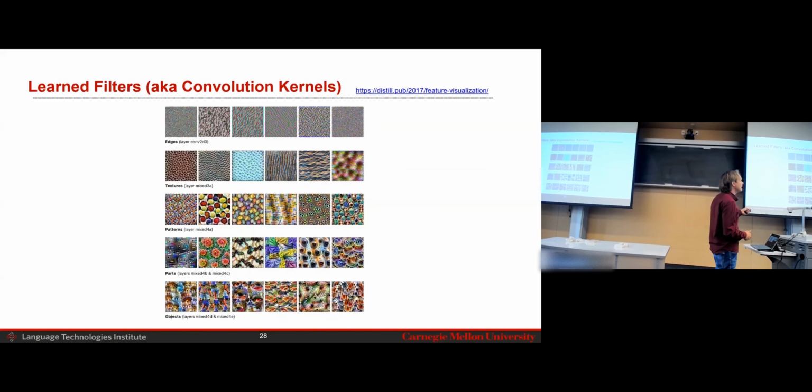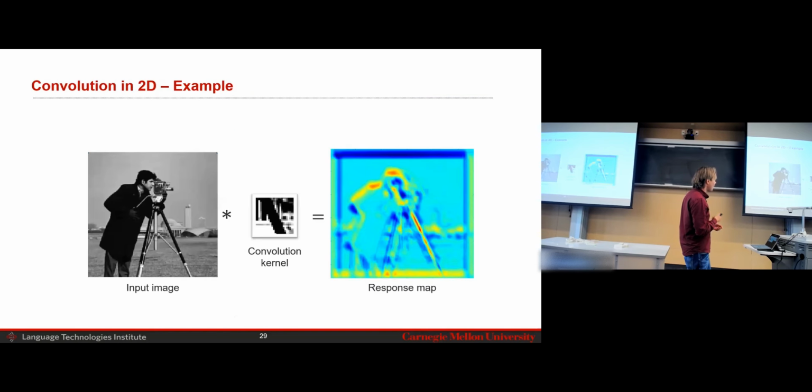So there are many interesting papers that went ahead and started looking at what was learned in those different layers of those convolutional neural networks. I want to remind us, if I learn this very fine-grained kernel template and then run it through, I get a response map.